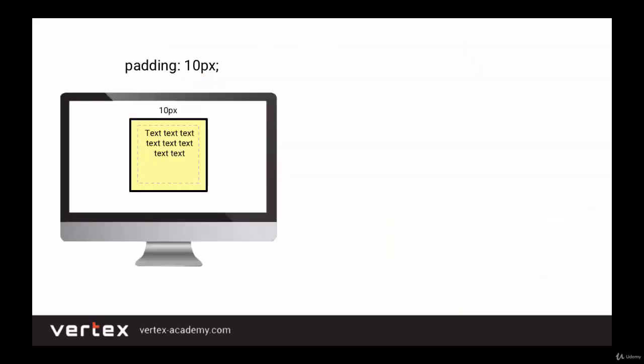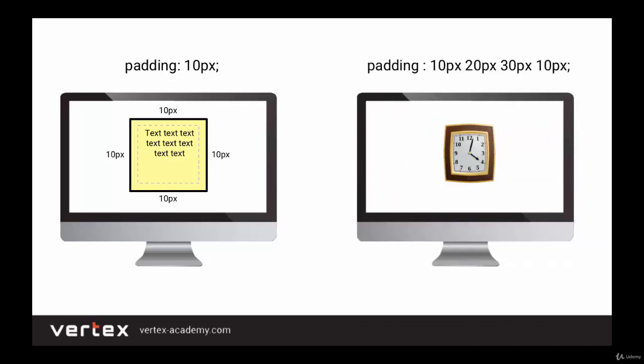It's also worth noting that if you just write padding 10 pixels, for example, then you'll have a 10 pixels padding on each side of the block. And if you want a different padding for each side, then instead of writing one value, you write 4.